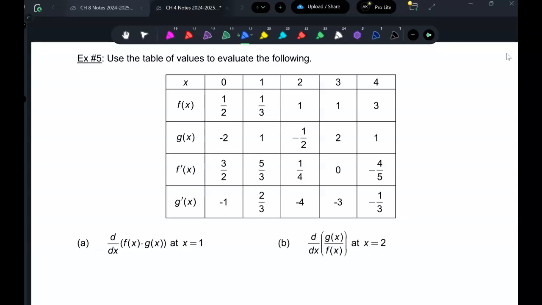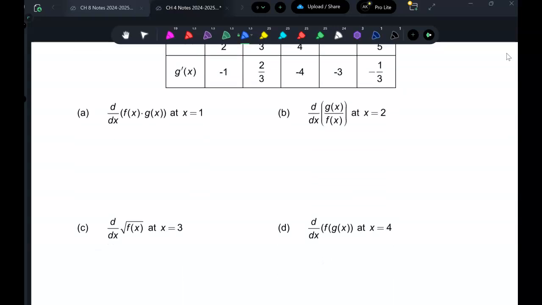Okay, so let's take a look. We have a big table of values here, and we want to do the derivative at different values. So the first one says the derivative of f of x times g of x at x equals 1. So this is just product rule.